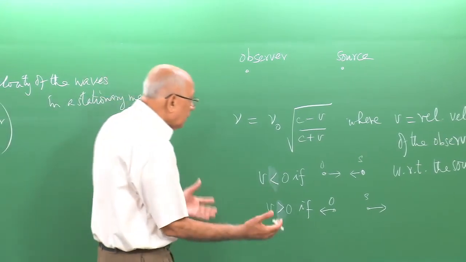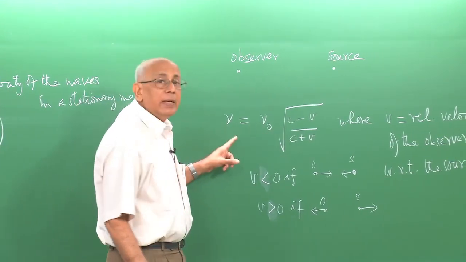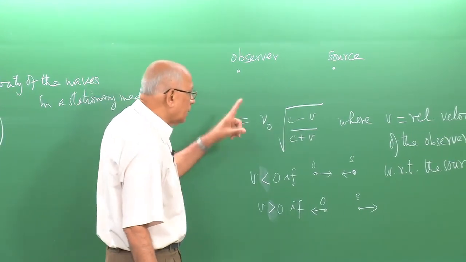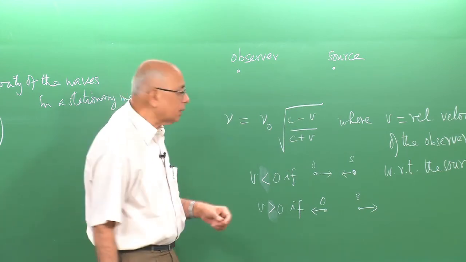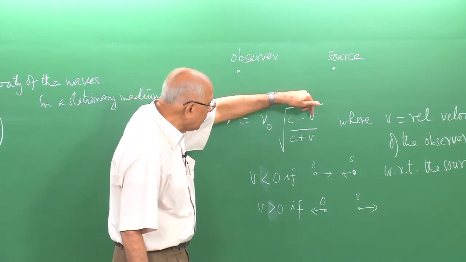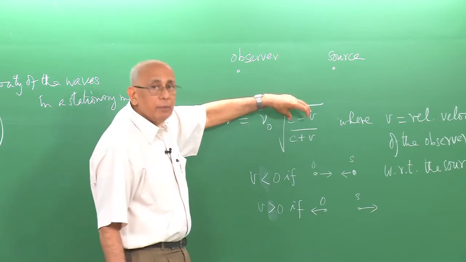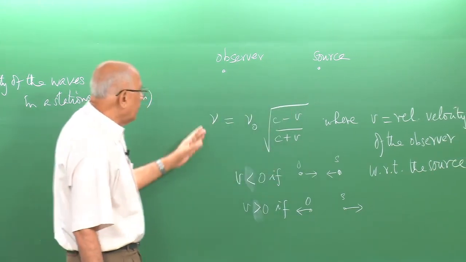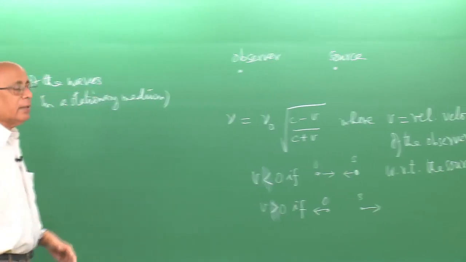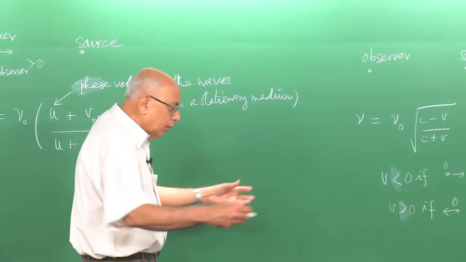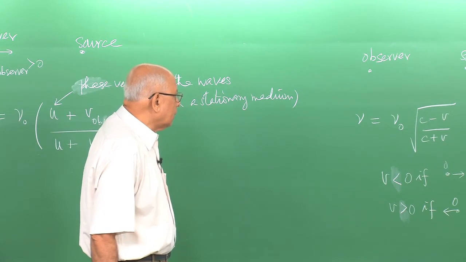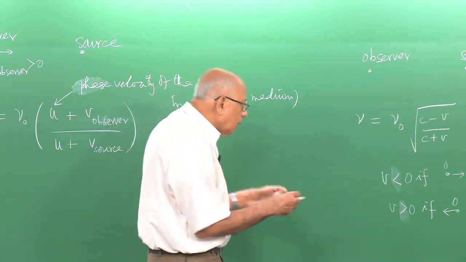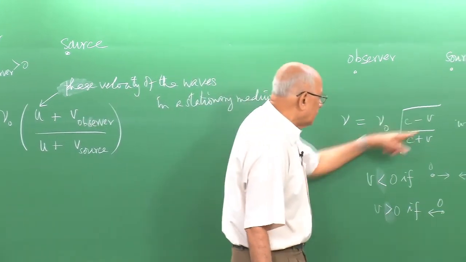And when v is positive, you can see that the decrease in the frequency comes about for two reasons. One, because this factor becomes smaller than c, the numerator becomes small and the denominator increases, meaning that there is a decrease in the frequency. So, when they are moving away from each other, there is a decrease in frequency, but if they are moving towards each other, then this is negative.